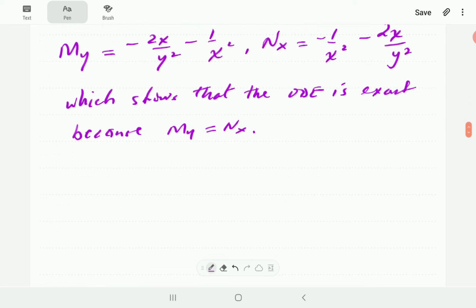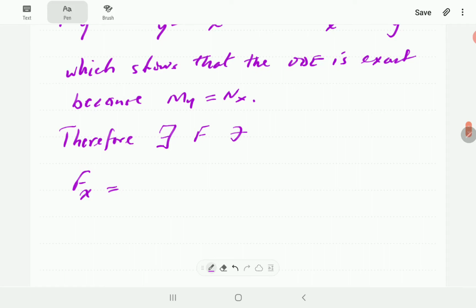Okay, so we have seen that if the equation is exact, it means there exists some function f such that the derivative of f with respect to x is going to be 2x over y minus y over x squared.